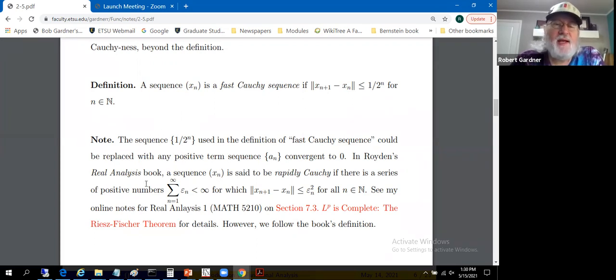In Royden's real analysis book, Royden and Fitzpatrick these days, they picked up a co-author some years ago, a sequence x_n is said to be rapidly Cauchy if there's a series of positive numbers, epsilon_n, that is summable, for which the norm of x_{n+1} minus x_n is less than or equal to epsilon_n squared. So that's fairly similar to what we've done here, called rapidly Cauchy.